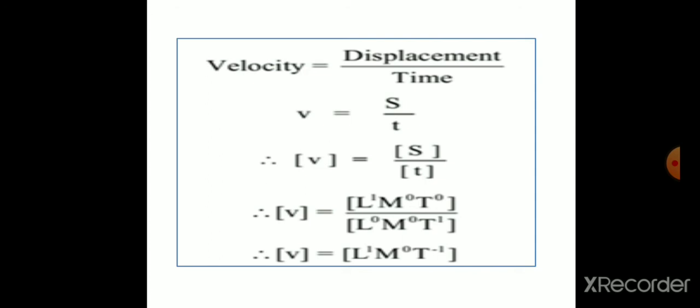So taking the dimensions on both sides, dimension of V is equivalent to dimension of S divided by dimension of T. Dimension of S is written as L raised to 1 since it is a measurement of length, and dimension of T is written as T raised to 1 where T is the time. Taking T to the numerator, the dimension of velocity becomes LT raised to minus 1.